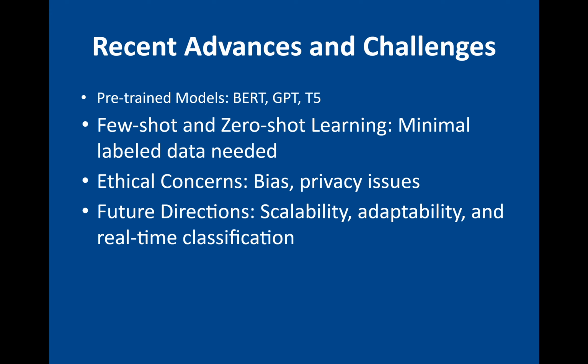Then few-shot and zero-shot learning. It allows models to perform classification with minimal labeled data. Then explainable AI, XAI. It ensures transparency in classification results by explaining model predictions. Then real-time text classification focuses on deploying models for real-time decision making in applications like spam filtering and sentiment analysis.